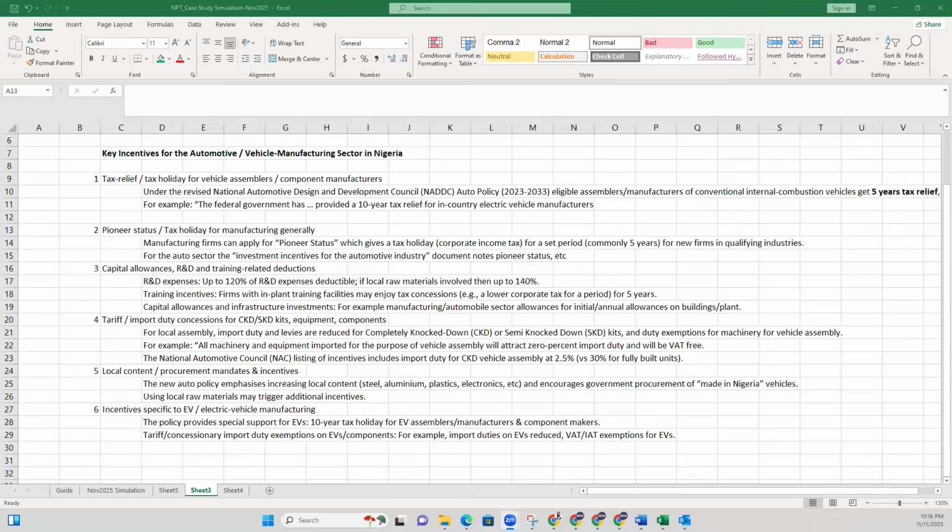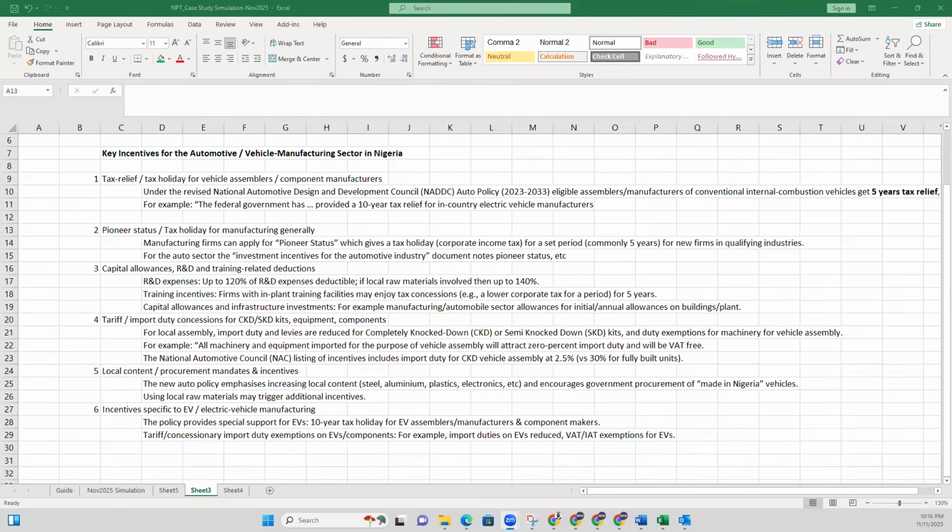And the 5th one, we have local content/procurement mandates and incentives. The new auto policy emphasizes increasing local content, steel, aluminum, plastics, electronics, etc., and encourages government procurement of made in Nigeria vehicles using local raw materials. Using local raw materials may trigger additional incentives.